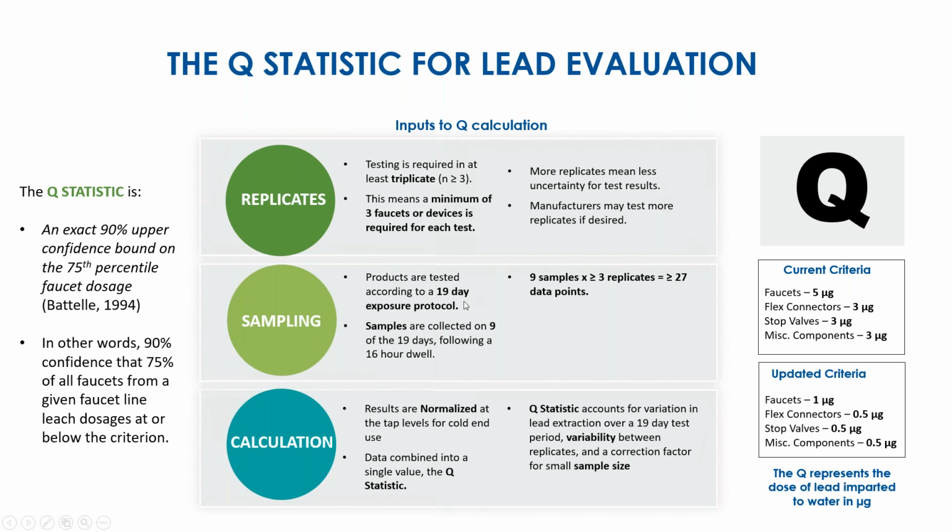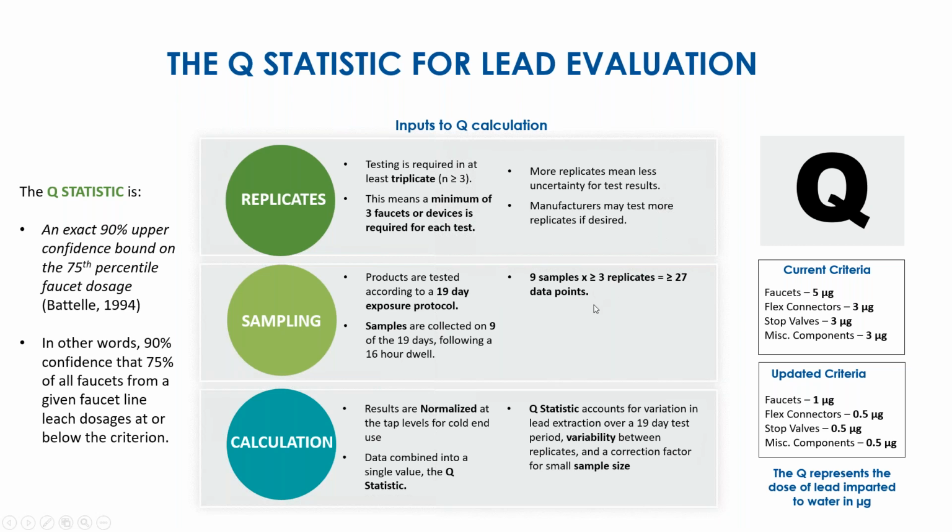And over that 19-day period, samples are collected on 9 of those 19 days following a 16-hour dwell with the water. So if you take 9 samples per replicate and multiply that by a minimum of 3 replicates, this means that for every Q calculation, there are a minimum of 27 lead extraction data points that feed into the calculation.